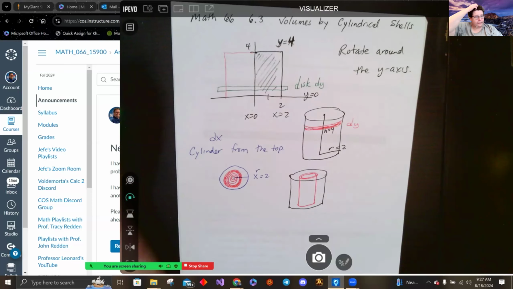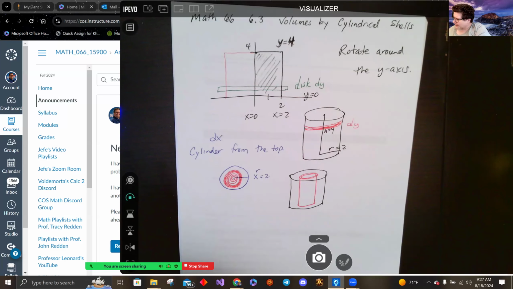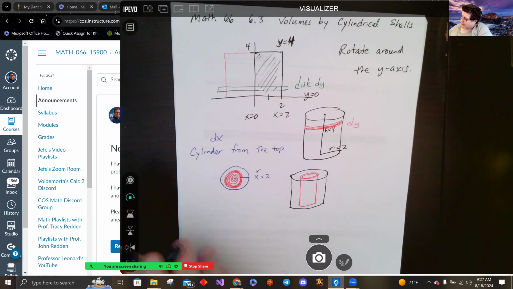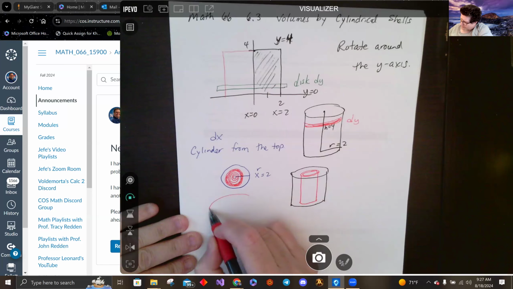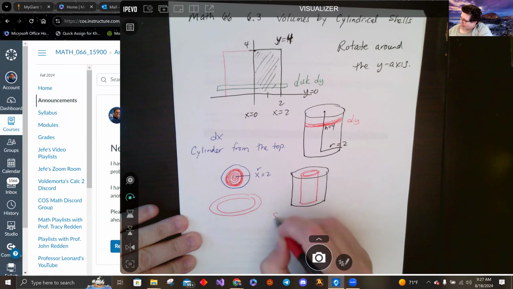So how would that work? Well, this cylinder here, this red cylinder, let me draw it a little bit bigger. This is somewhere inside our figure.